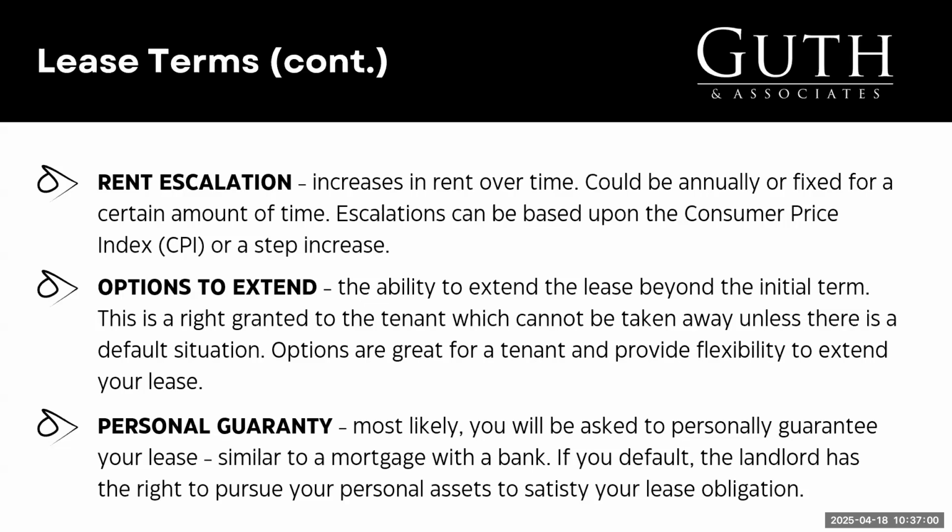So options to extend is a right granted to the tenant when you sign the lease, to extend that lease for a period of time at a rate agreed upon. These are great for the tenant because they provide you the ability to extend your lease for, it could be, 2 5-year terms. So if you have a 5-year lease, you have the ability to be at that space for 15 years.